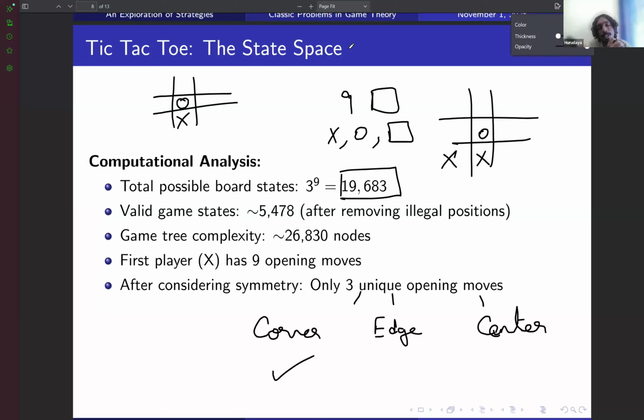It's 7 cases, but under symmetry it becomes 4, right? Because this and this are the same, and this and this are the same. Sir, you cannot play above that.